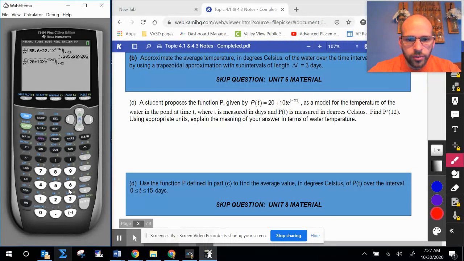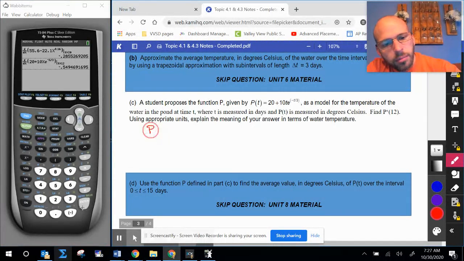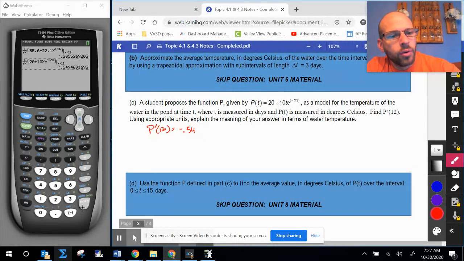And I want to know that derivative when t is 12. Okay, so it says find P prime of 12. So I'm going to start with that answer first. P prime of 12 is equal to negative 0.549. I'm just going to terminate after 3 decimal places.